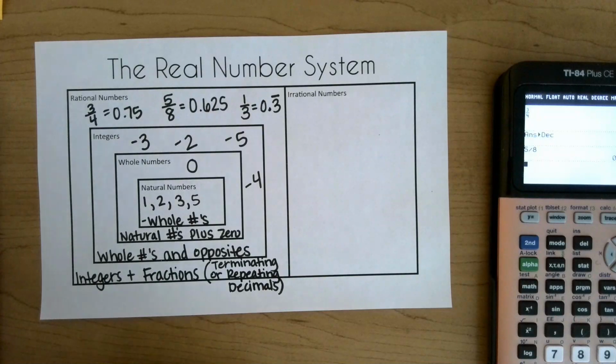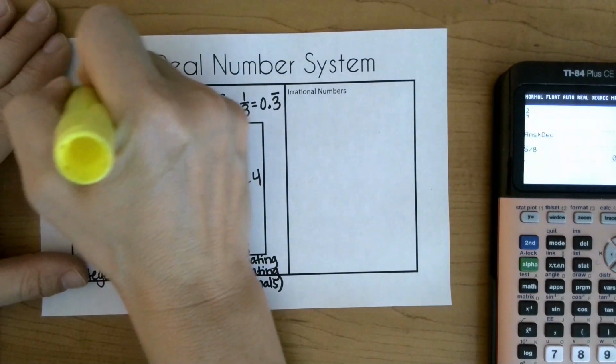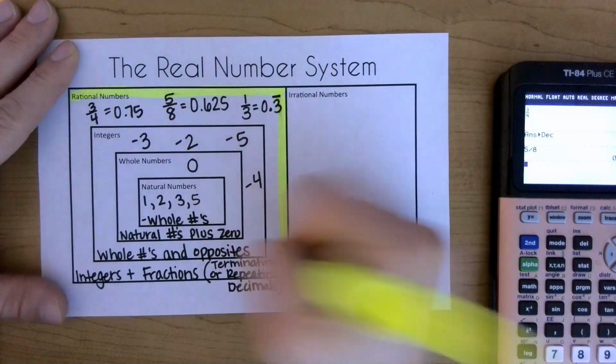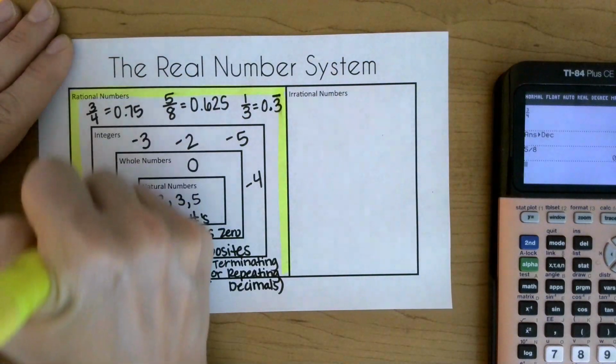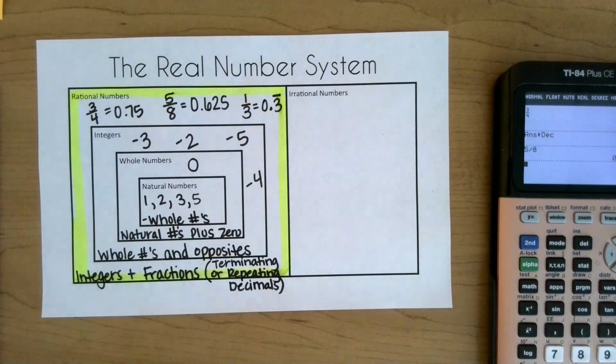And then I'm going to use yellow. I'm just going to highlight so that we're not using so much of the highlighter. I'm just going to highlight around the rational numbers box just to show that all of these numbers are included in our rational numbers.